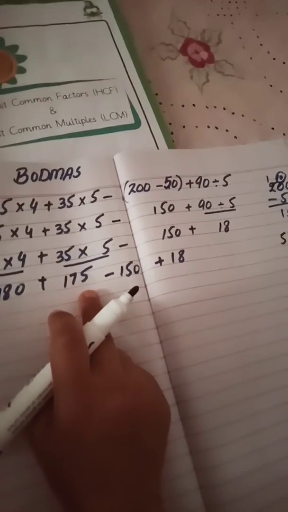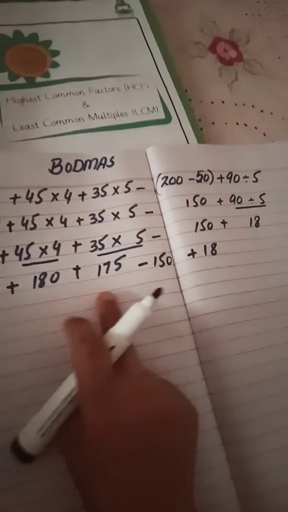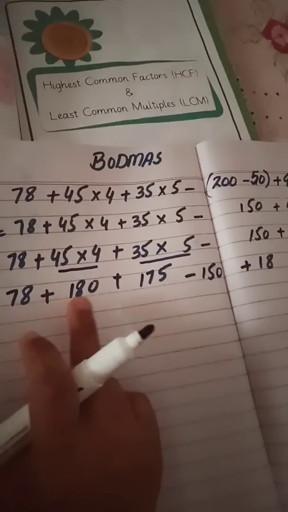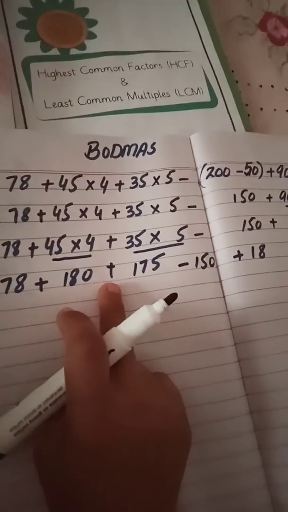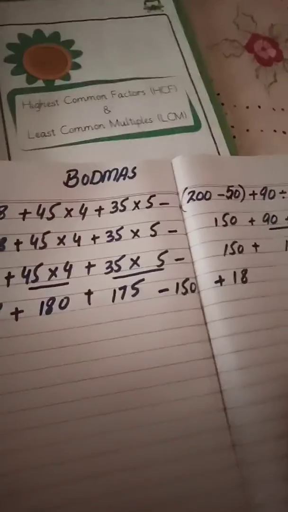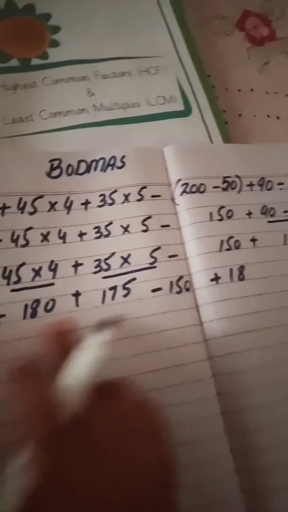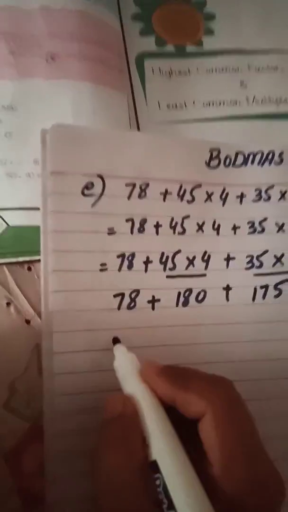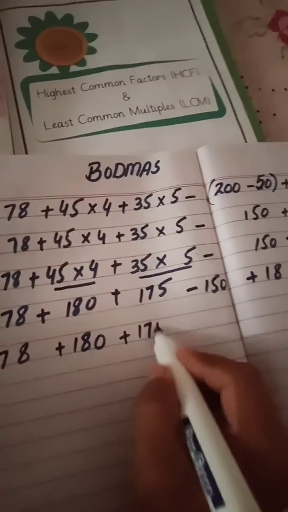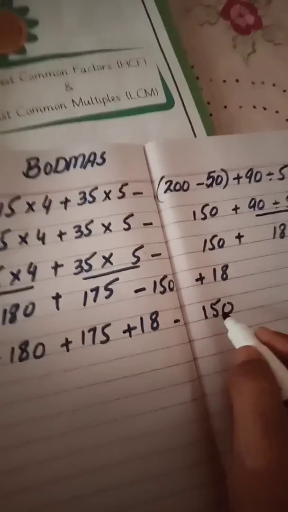Okay students? Now which operation will we solve here? We have to solve addition. Students, you know the addition sign is between here, here and here. So we will solve these additions together: 180, 175 and plus 18, and we will ignore minus 150.